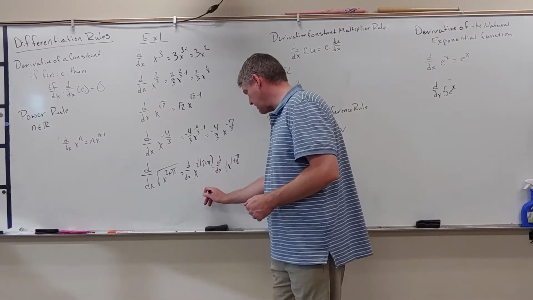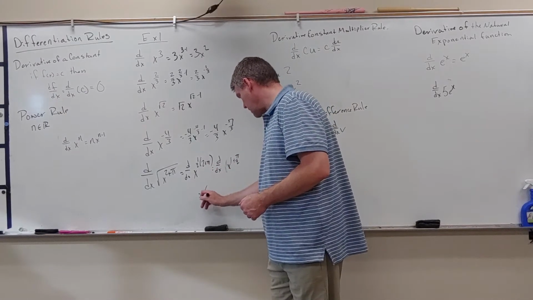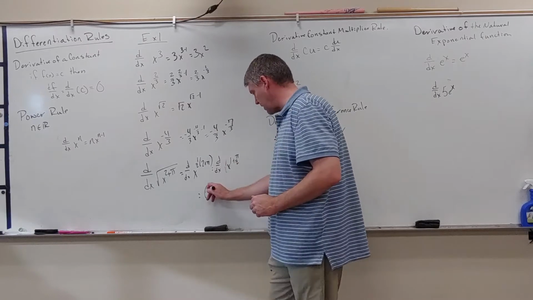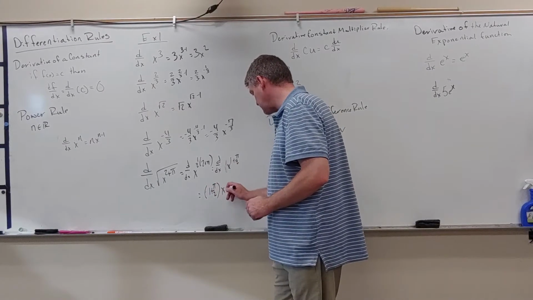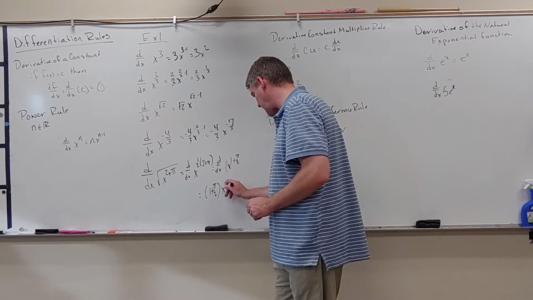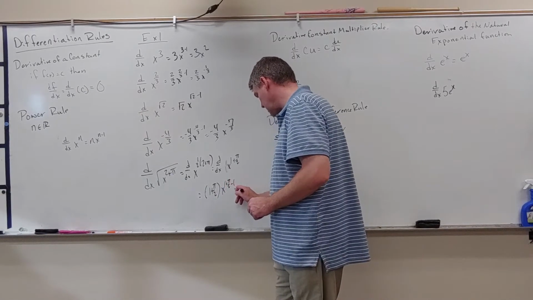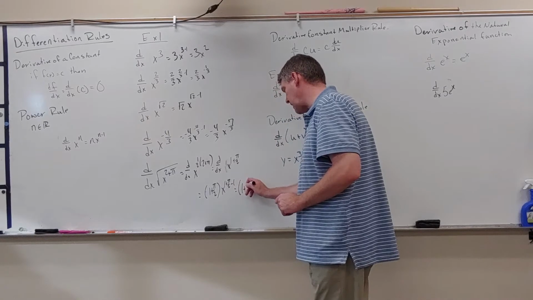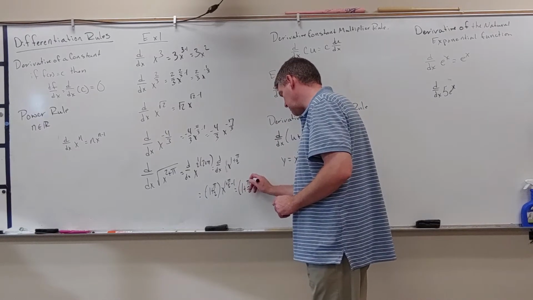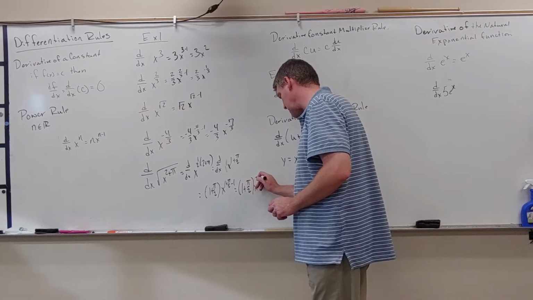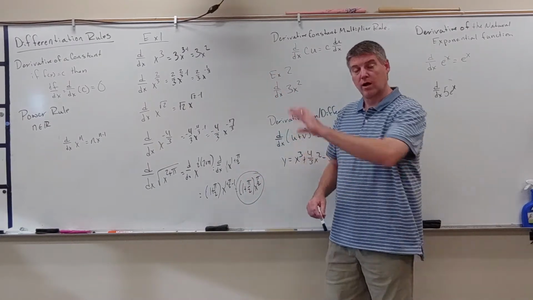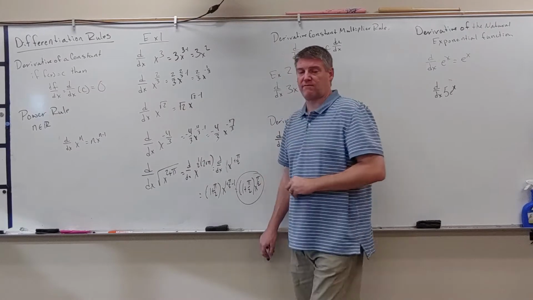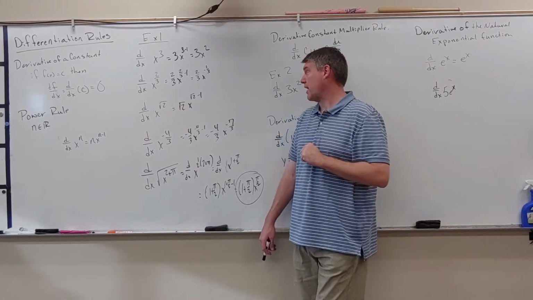Now when I take the derivative, I put this whole exponent in front, 1 plus pi halves times x, and now I have 1 plus pi halves minus 1, which gives me 1 plus pi halves times x to the pi halves. Okay, so there's my derivative. Anytime I have a power, I put it in front as a multiplier and subtract 1 from the power.